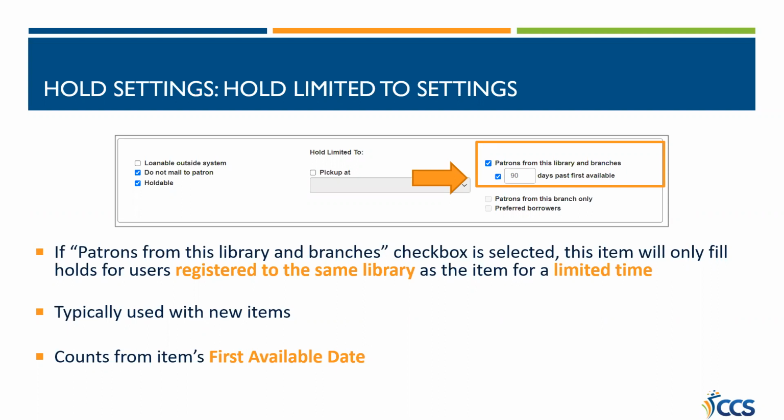And if that patron is from the same branch as the item, it will fill the hold. The item will trap for a hold for the patron. If the user is from a different library, the user will still place a hold, but the item just won't fill it until those 90 days are up. So for those first 90 days, it's just prioritizing those patrons based on the assigned branch, like you said, Natalia.